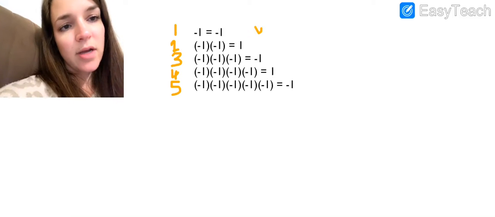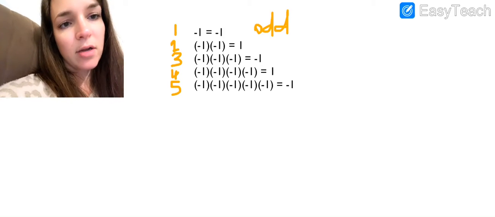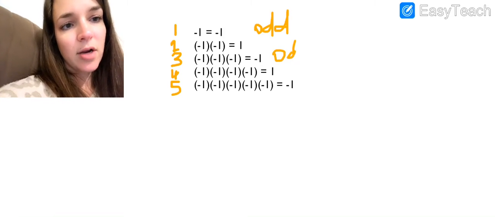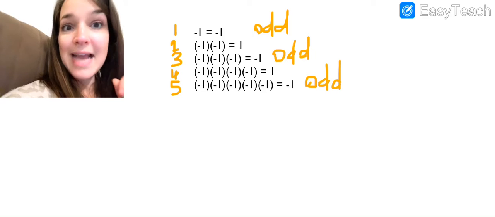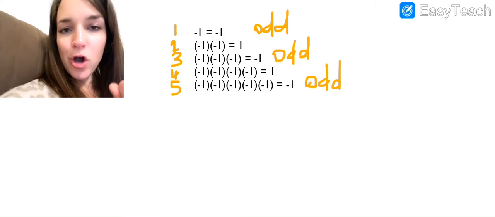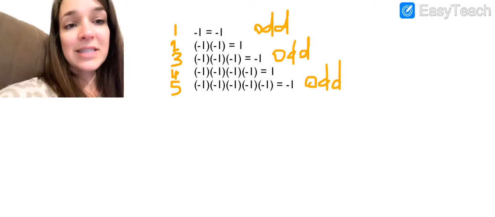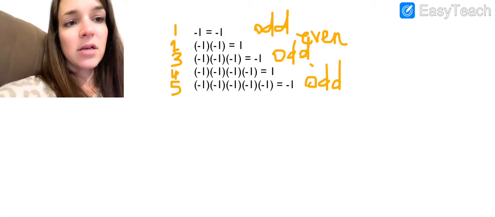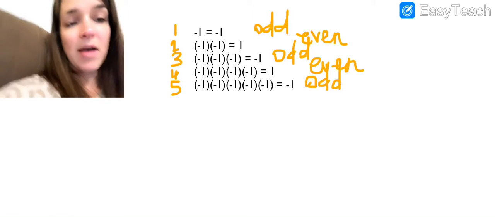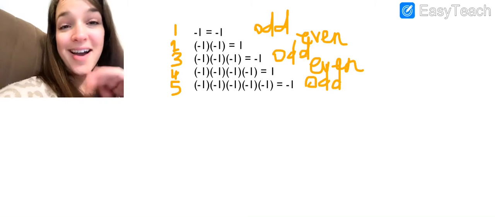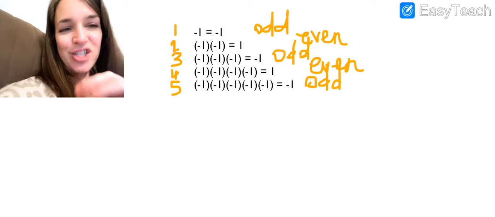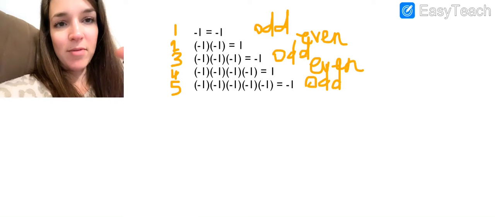I know 1 is an odd number, 3 is an odd number, and 5 is an odd number, and those all just so happen to be negative. So we could look at even and see if that's consistent. And we see that all the ones where we're multiplying an even amount of terms give me a positive result. I hope you see where I'm going with this.